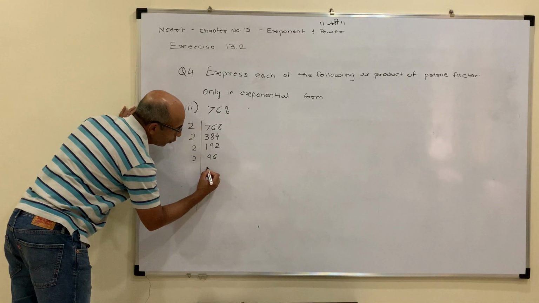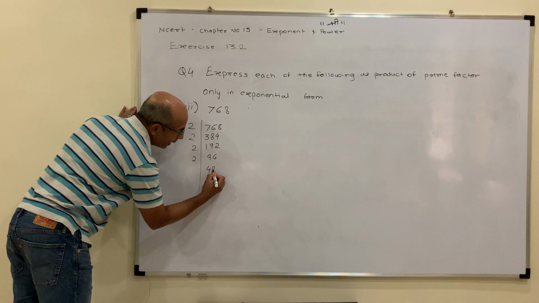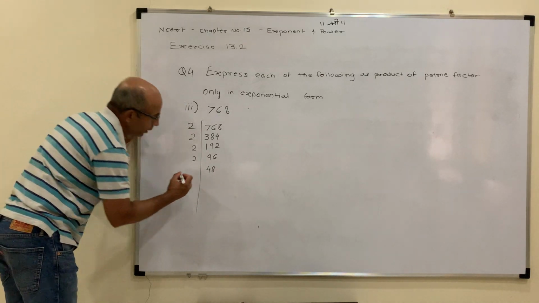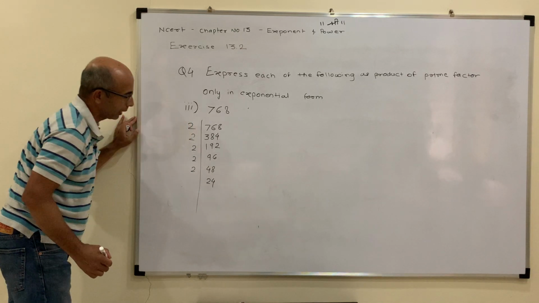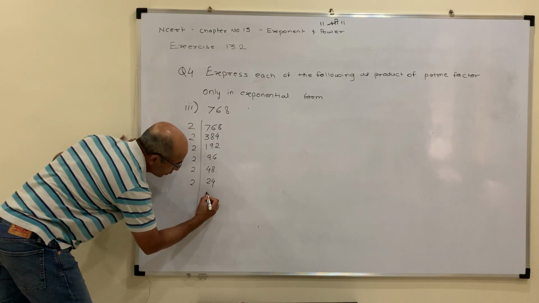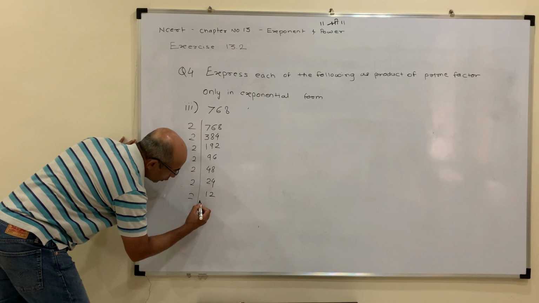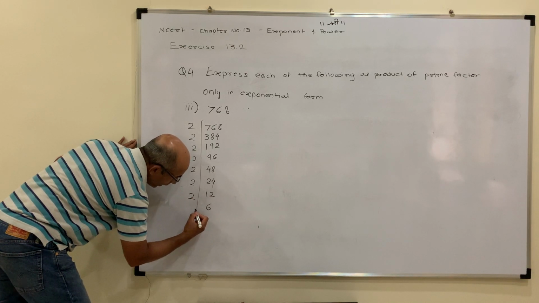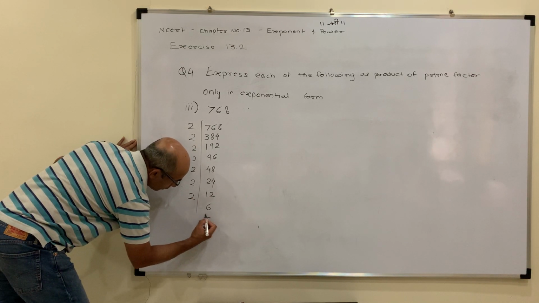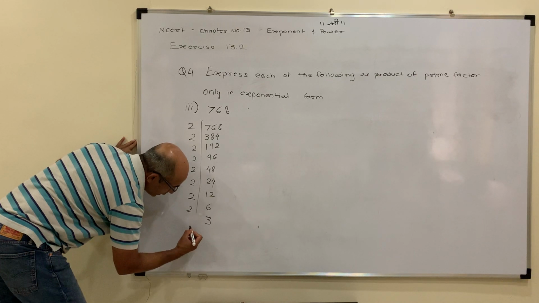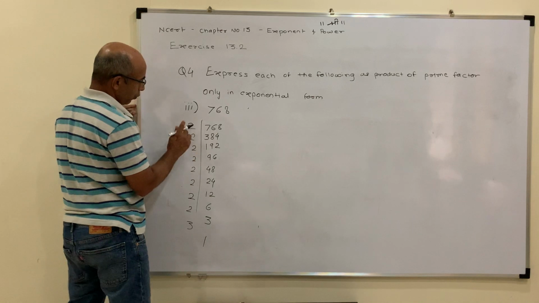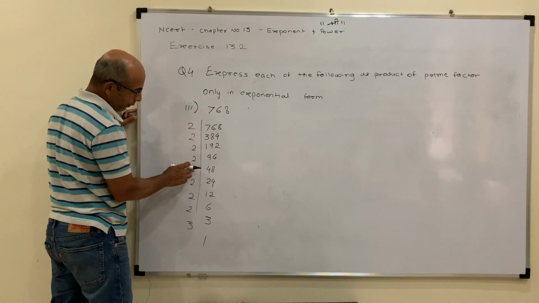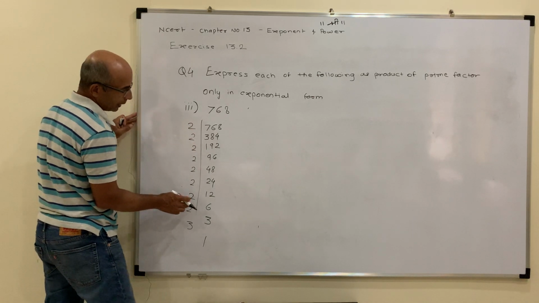Then 2 4s are 8, 2 8s are 16. 24 2s are 48. 12 2s are 24. 6 2s are 12. 3 2s are 6. 3 1s are 3.